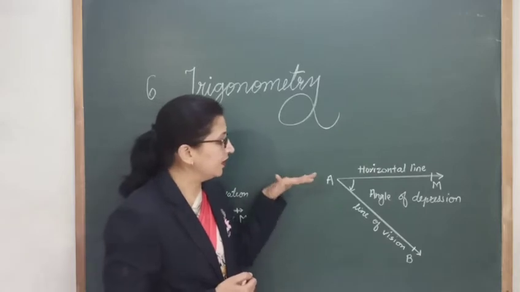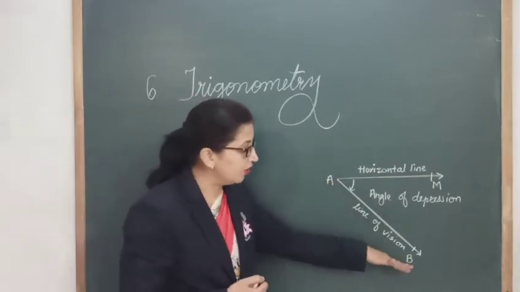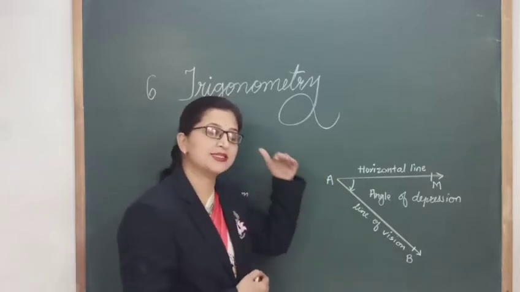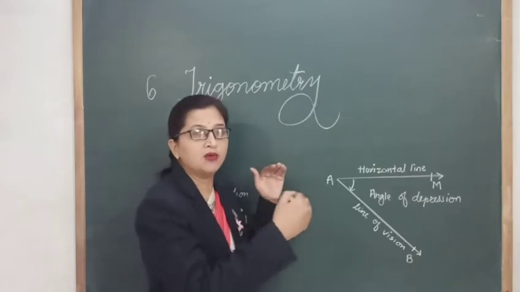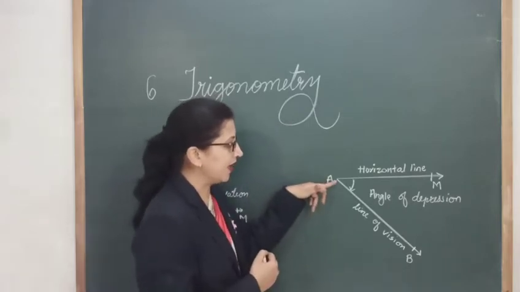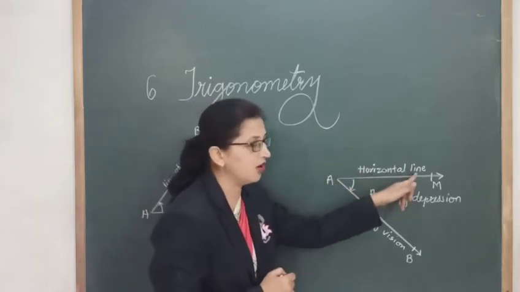In this figure, the observer is at a height and looking at an object which is downside. Okay, suppose a person is standing at the top of a building and looking at a car which is on the road. In such a case, the straight line from the observer's eyes is the horizontal line.